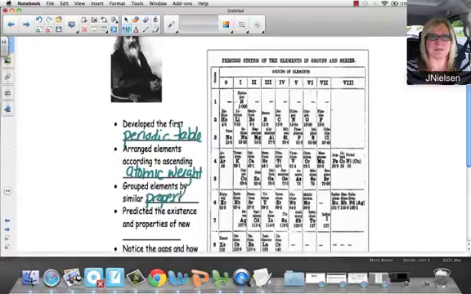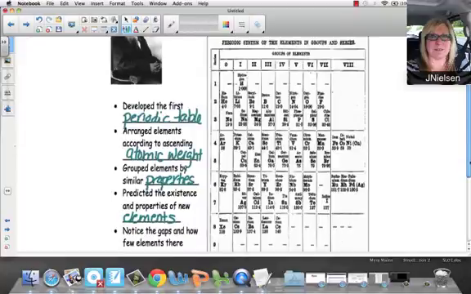So when we talk about properties, maybe how they looked, their texture, whether they were shiny or not, that type of thing. And he predicted the existence and properties of new elements based on how he put them into their groups.